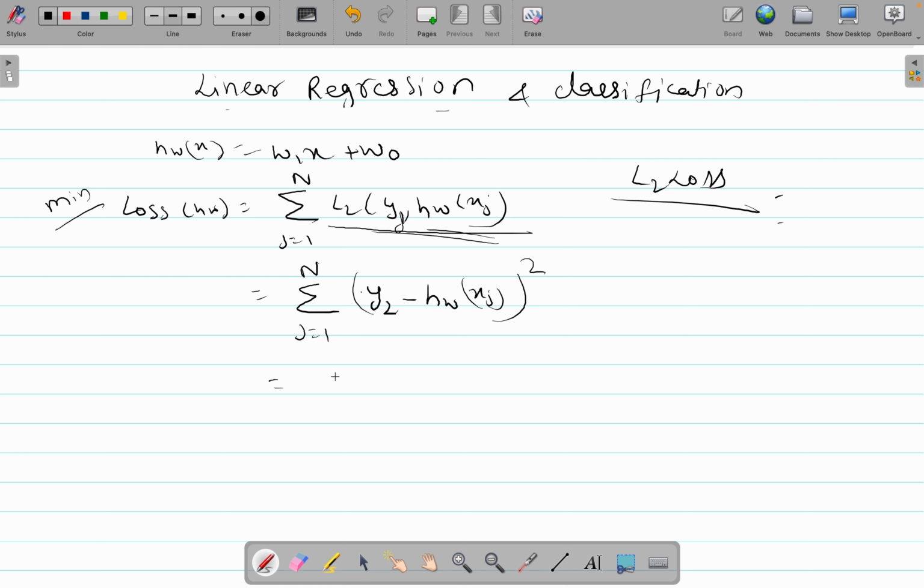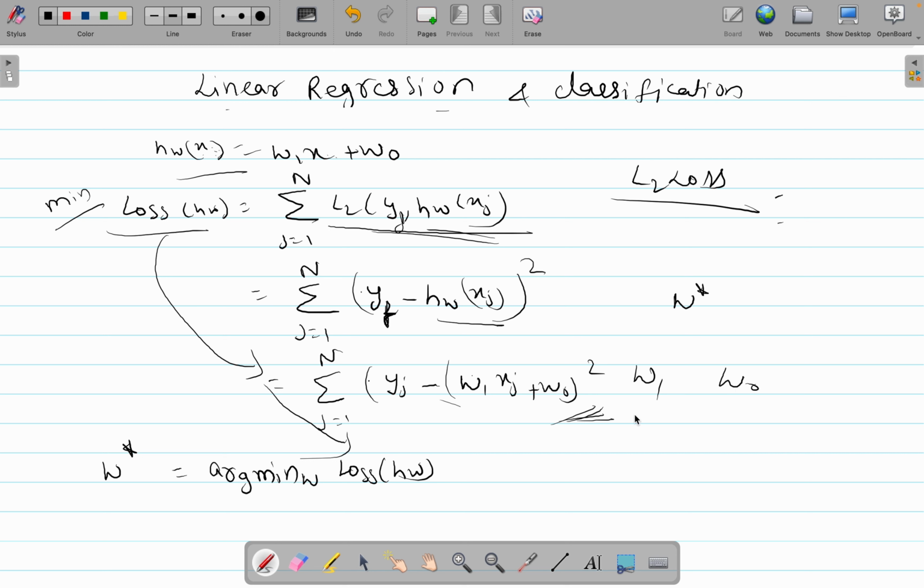Now the sum is this one, that I have already written. This is what we have to find. To minimize this, firstly I will differentiate this with respect to w1, then w0. Then we will get two different and unique solutions.